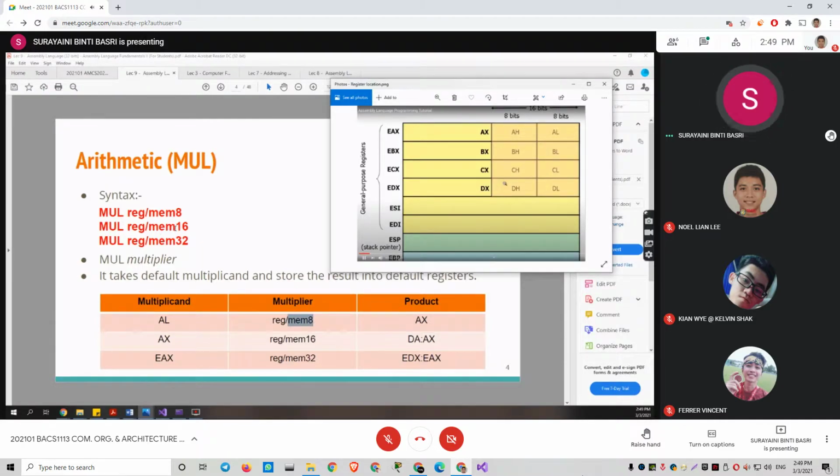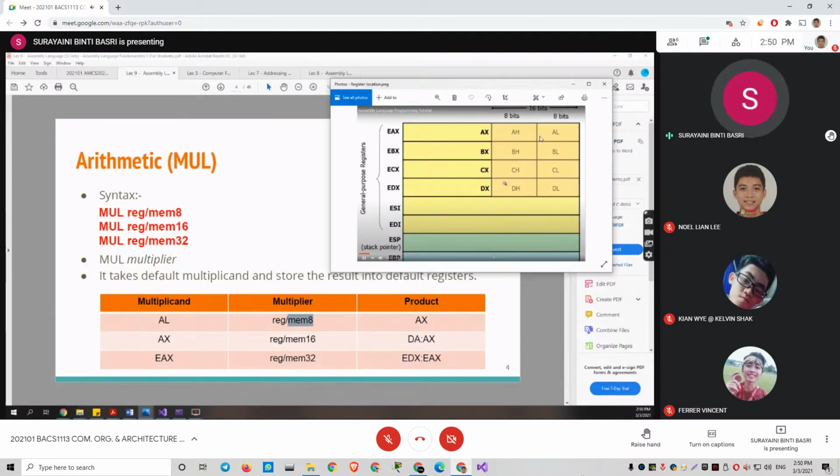When we do multiplication for 16-bit numbers, the result will be stored in two registers, which are AX and DX. The result of 16-bit multiplication will be 32 bits, so that's why it uses two 16-bit registers.